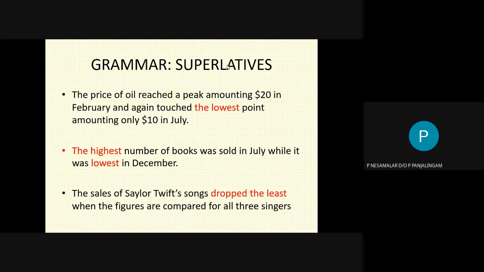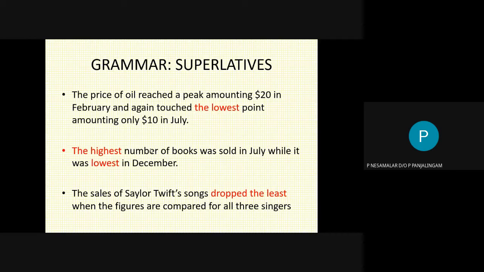Superlatives, when you're comparing three or more things. For example, the price of oil reached a peak and again touched the lowest point, amounting to only $10. So between February and July, so more than 3 months. So you're using the superlative. Second example, highest number of books sold in July, lowest in December.